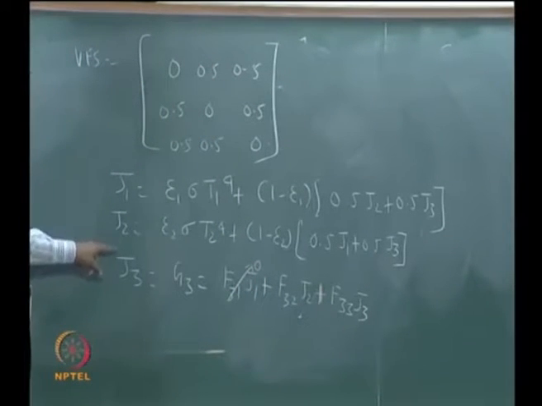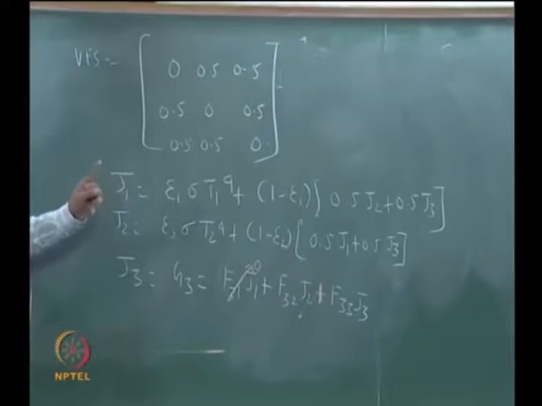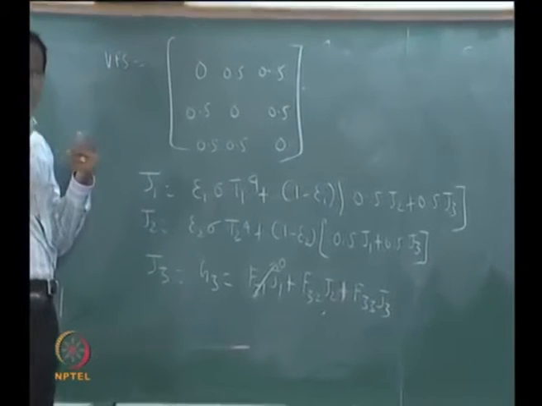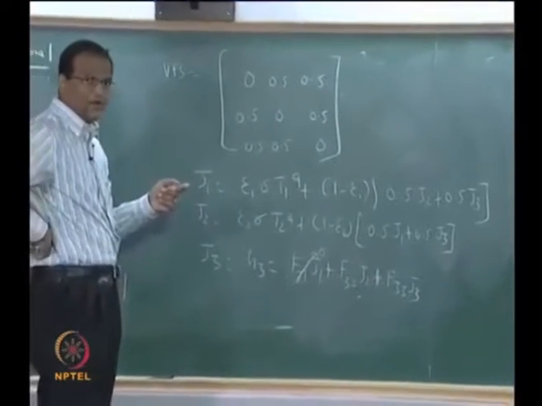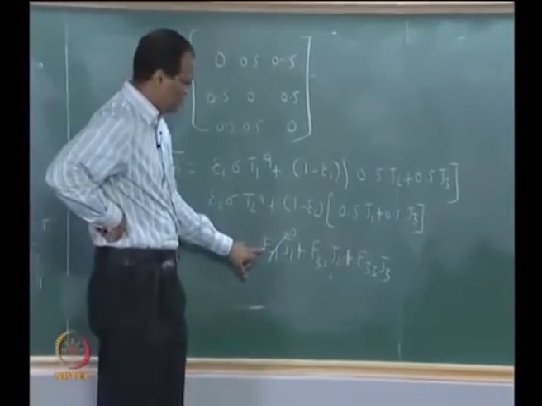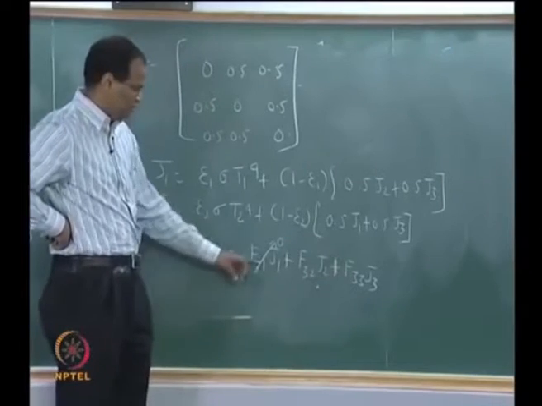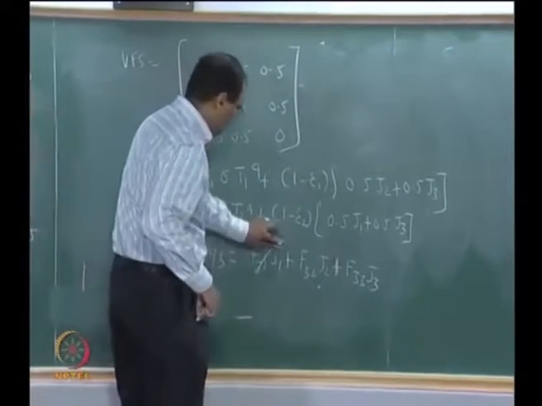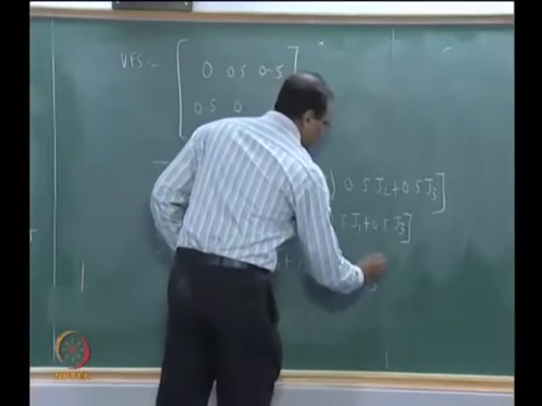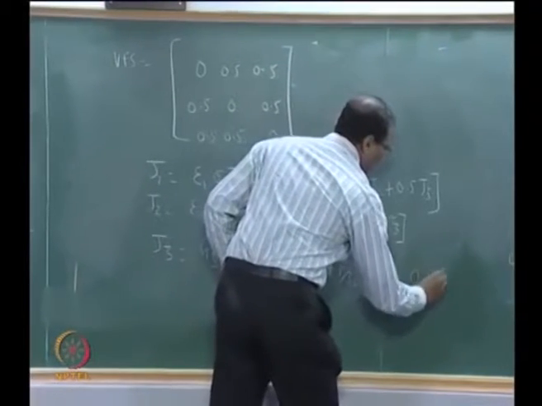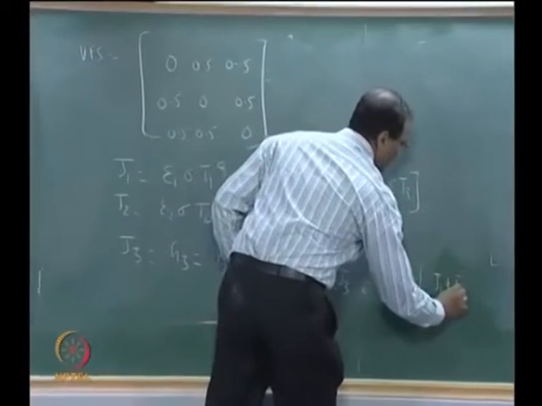J3 equal to G3, G3 is the irradiation on surface 3, it is equal to the sum of Fij Jj, i equal to 3 here, so F31 J1 plus F32 J2 plus F33 J3. F33 is 0, so this is just 0.5 times J1 plus J2.